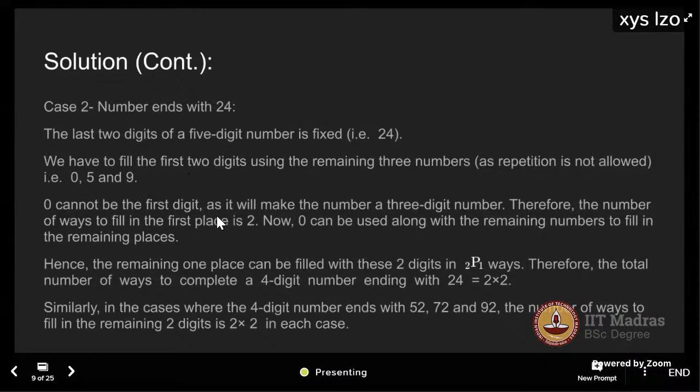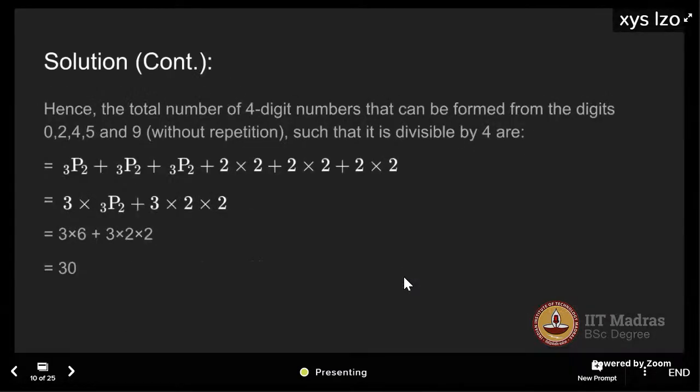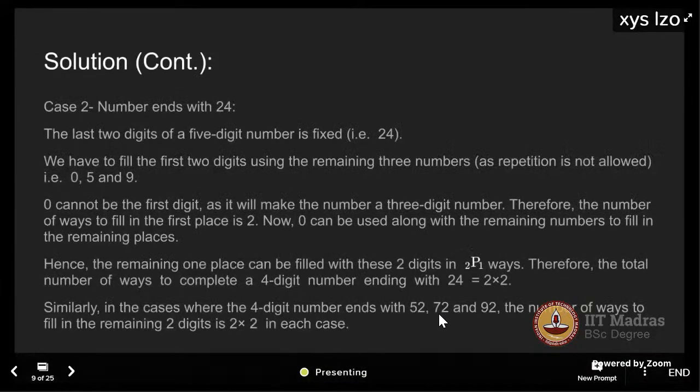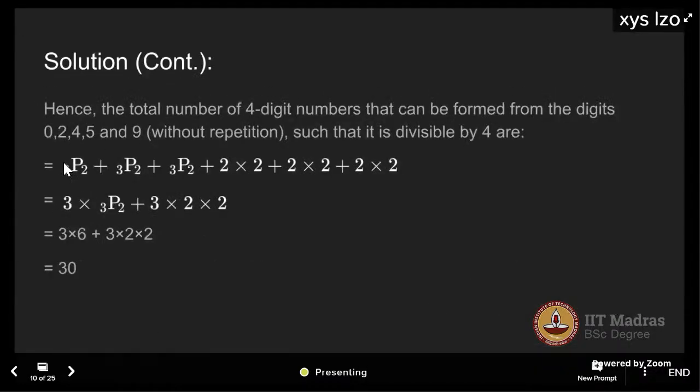So for the first place, I have 2 ways, and for the second also, I have 2P1 ways. So in total, 4 ways for each. Sir, for 52, it is 4 ways, no? Yeah, 52 plus 4 ways: 52 and 92, 72 won't be here. I added all these and I got my answer as 30.